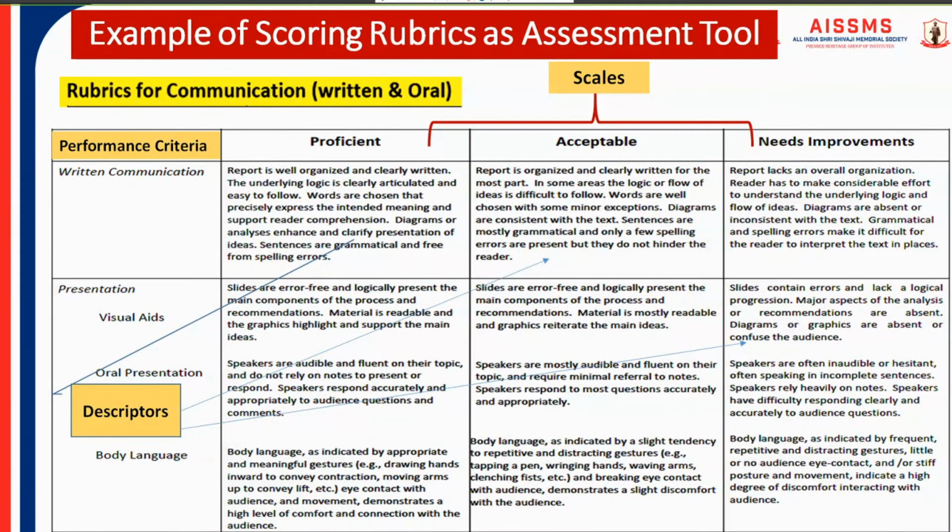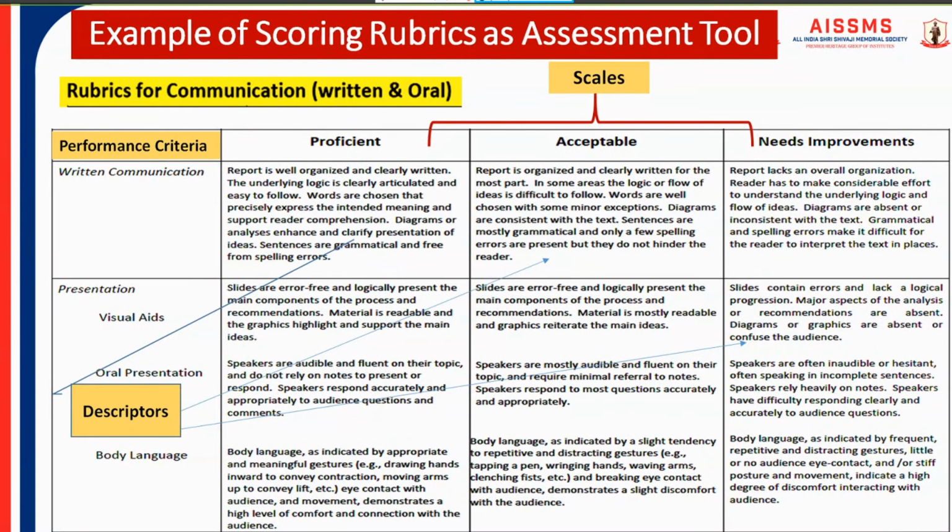So the first column is about the performance criteria. We have taken 4 performance criteria. We have taken his written communication. Then we have taken his presentations, that is what type of visual aids he's using, how he's doing his oral presentation, and lastly his body language. So I'll read only the first row.